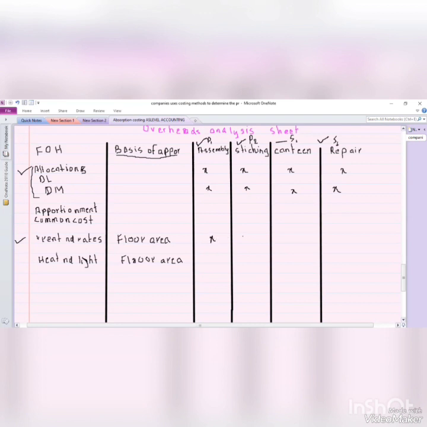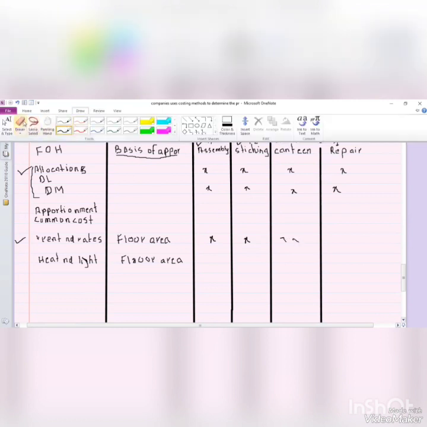Basically, in absorption costing, we are dividing different fixed overheads to the different departments. So at the end, we can know the total cost of producing multiple products. We are just discussing the format, so that is why I am not doing any question right now.